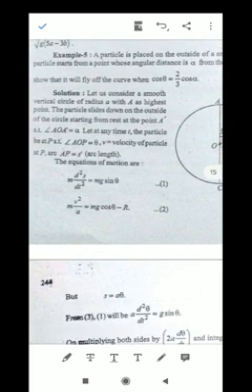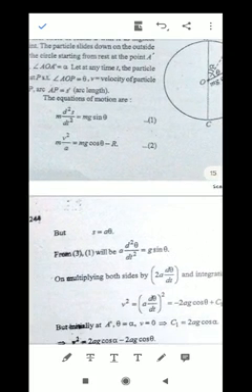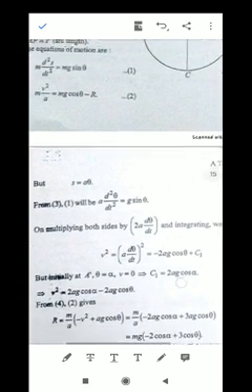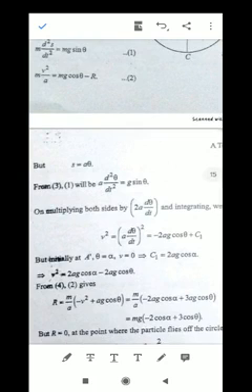Again taking s equal to a theta, putting this in the first equation and multiplying both sides by 2a d theta by dt and integrating and using the initial condition. The initial condition is theta equal to alpha and velocity is 0. So we get c1 equal to 2ag cos alpha.